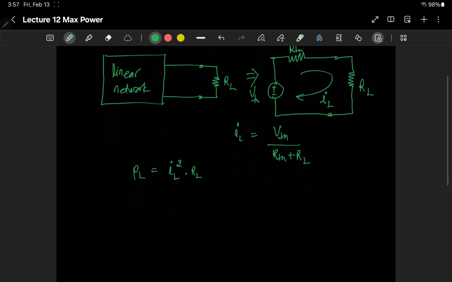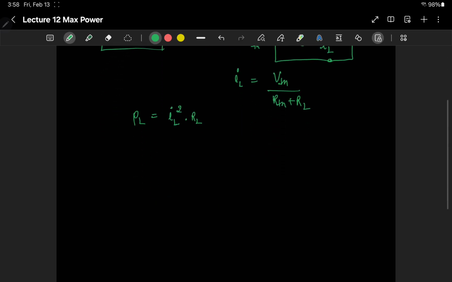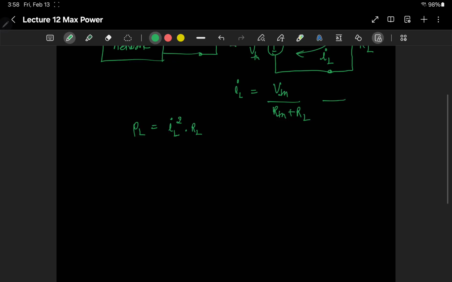Because power is I squared R, and since our I is this term here, equation 1, we can substitute that here, then power will be VTH squared times RL divided by RTH plus RL squared, right?